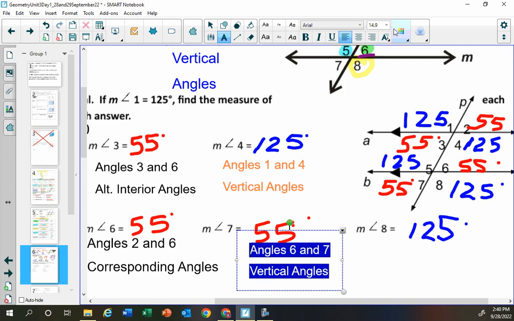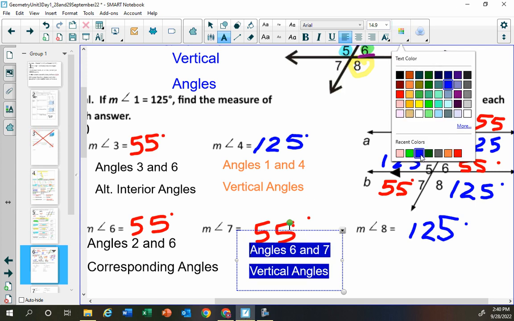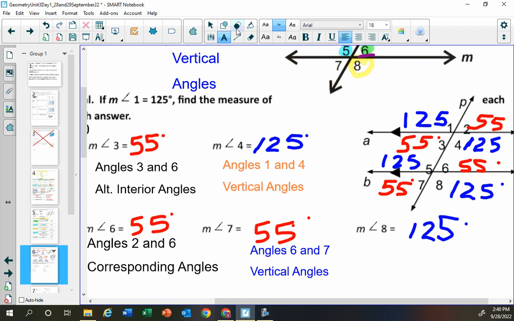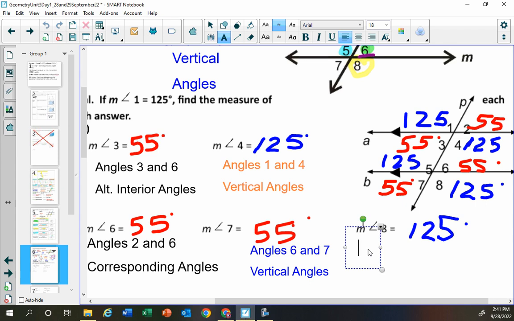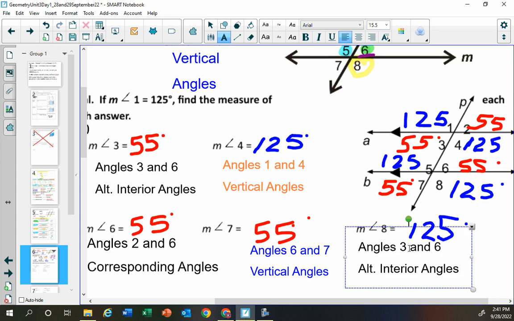But I like the fact that there was a pattern here. You're all seeing the pattern. And then 8 and 1 are alternate exterior. I'm going to write that one over here. Well, I'm going to change interior to exterior.